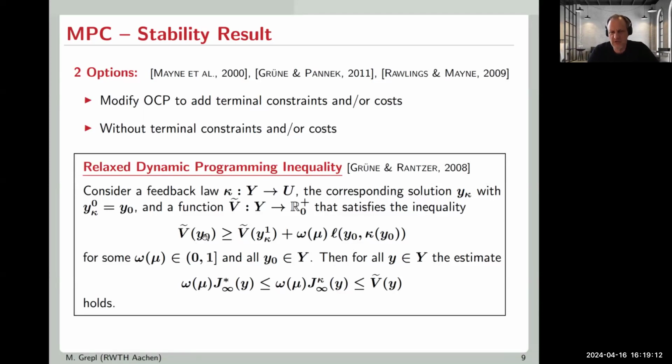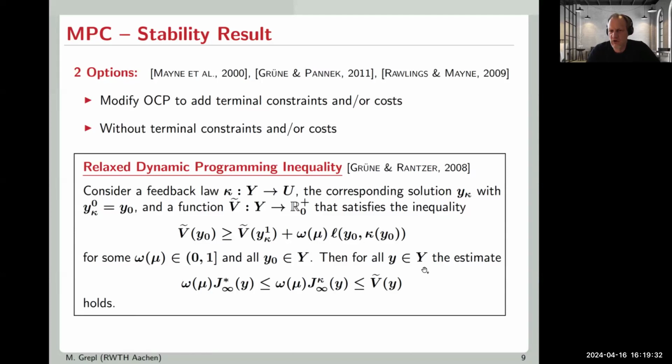V tilde of y0 has to be greater than or equal to V tilde of y_kappa(1), so one time step ahead, plus alpha times the stage cost evaluated at y0 and kappa of y0. This has to be satisfied for some alpha in (0,1] and all y0 in Y.